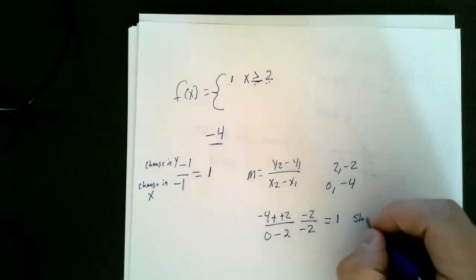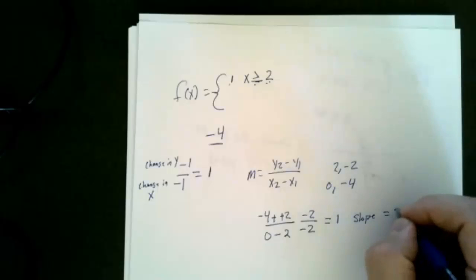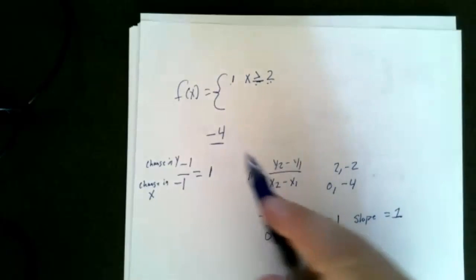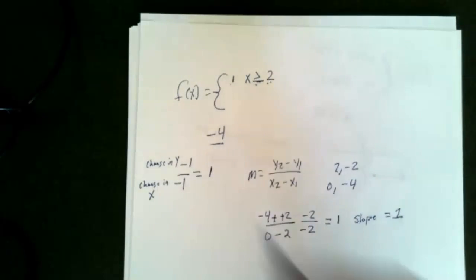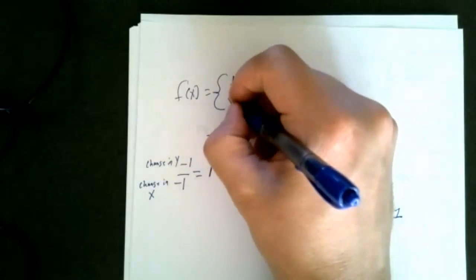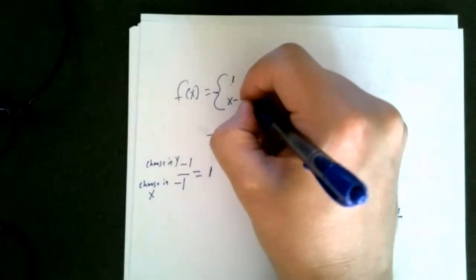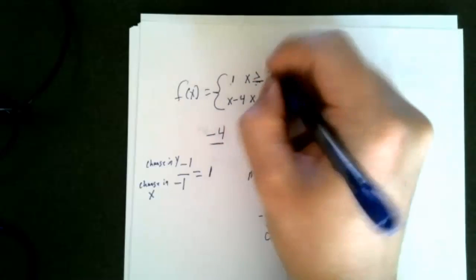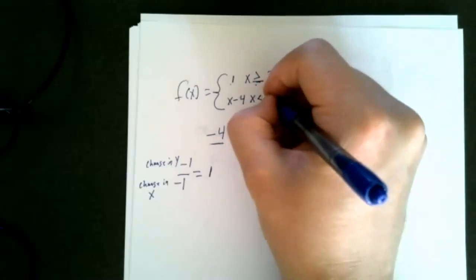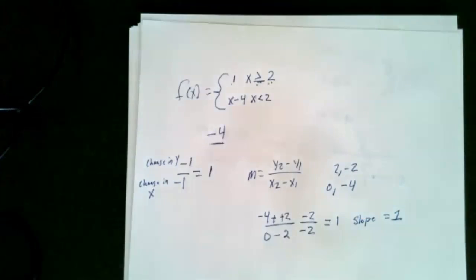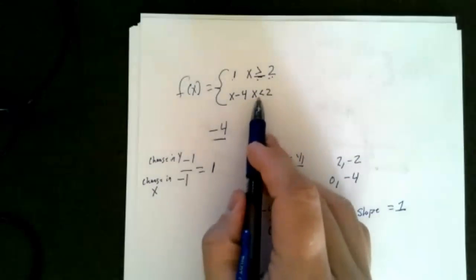So my slope equals 1. Like I said, I already have my y-intercept. So this is pretty easy: x minus 4 when x is less than 2. Once again, I have an open circle, so it has to be less than.